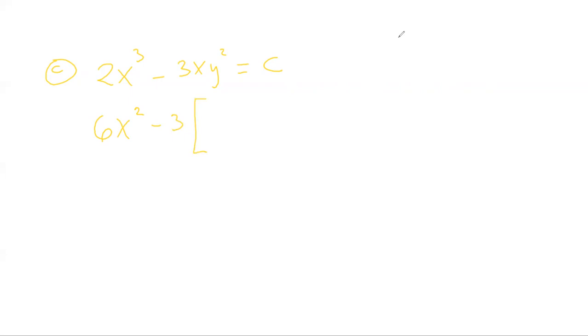The product rule says hold one constant and differentiate the other. So if I differentiate y squared, assuming that you know calculus 1, 2y times y prime plus, now I want to differentiate x, which is 1 times y squared. And we know that the derivative of a constant is 0.